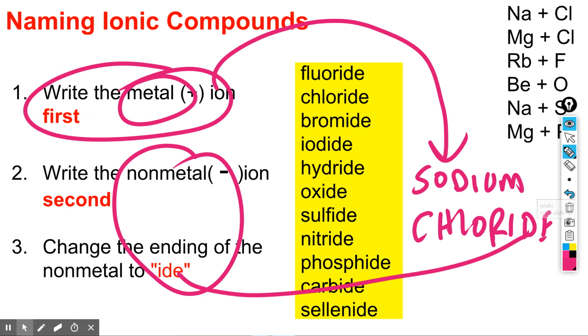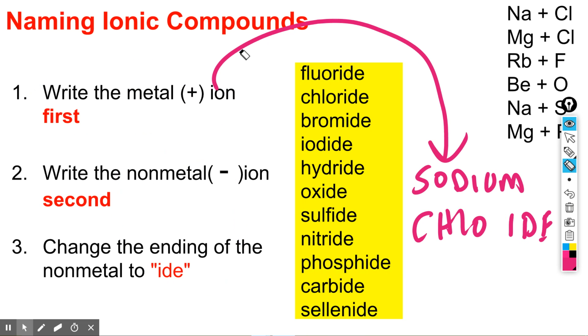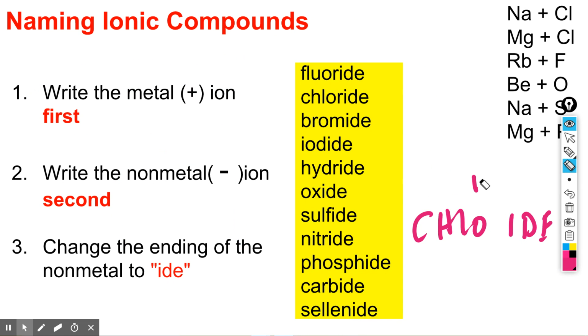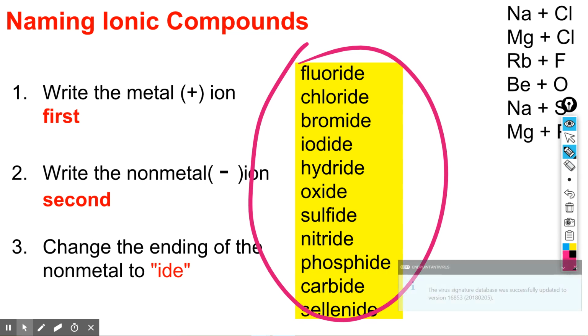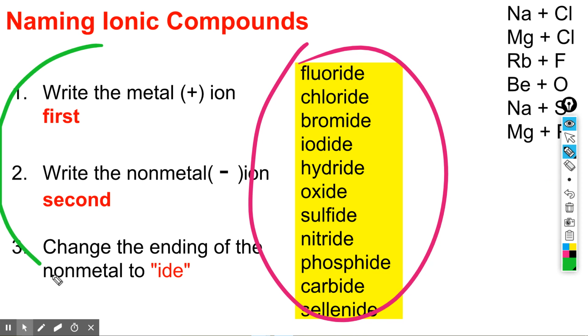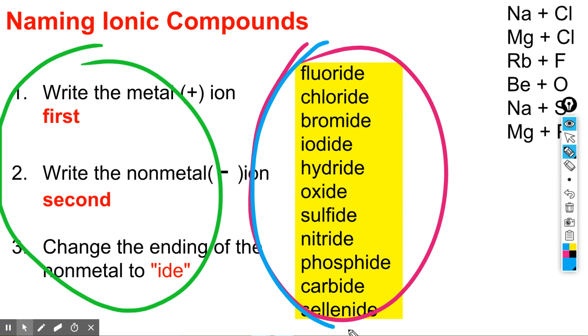And here is the list of IDE endings for all the nonmetals. So in number 4, you need to write down these three steps, and list these IDE endings in number 5.